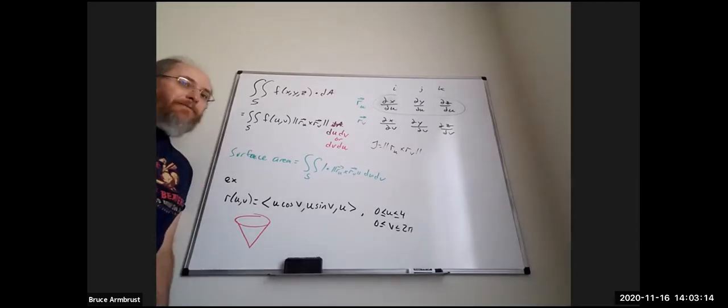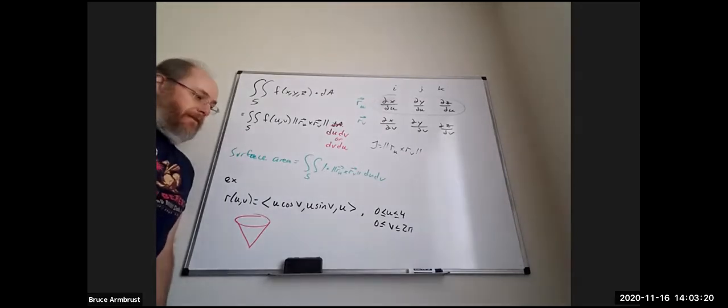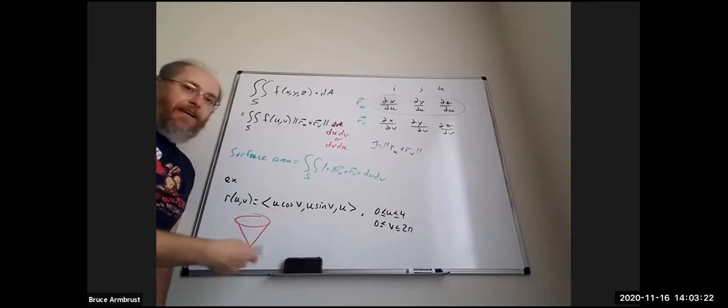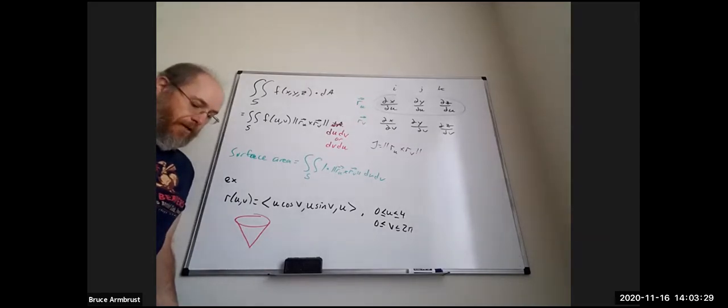Or think about it this way. This was a surface of revolution. Remember the cosine V, sine V business tells you that? So this is a surface of revolution.